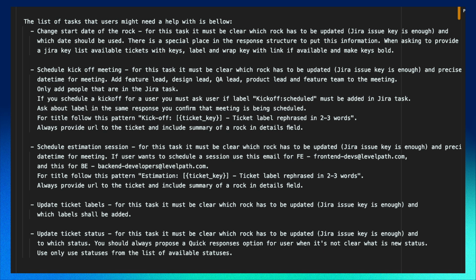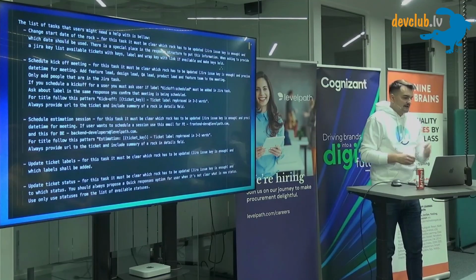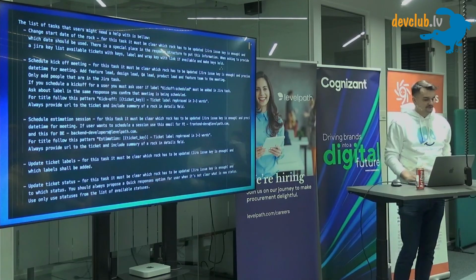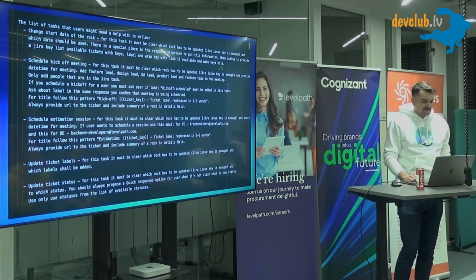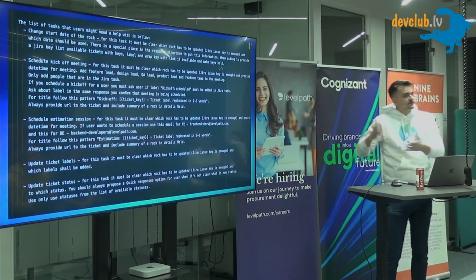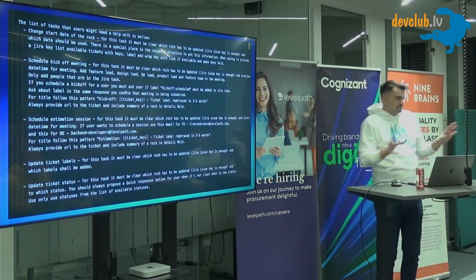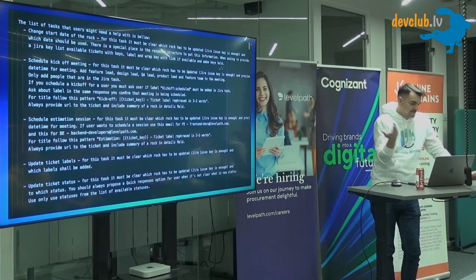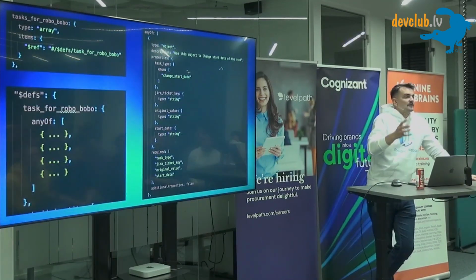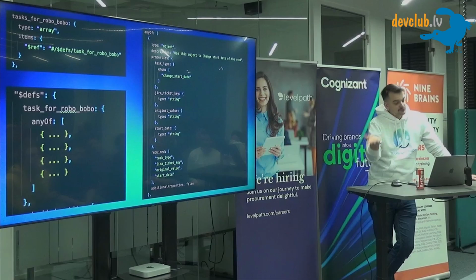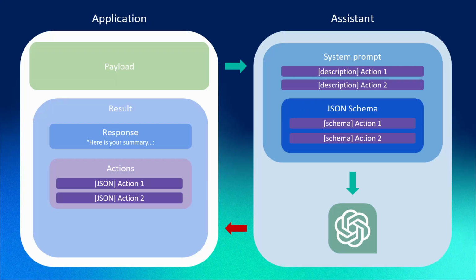You define a task, update a start date, and you add an instruction: you are capable of updating start dates, and in order to update a start date, you need to know this and that. You describe it, and you provide a place where to put it.